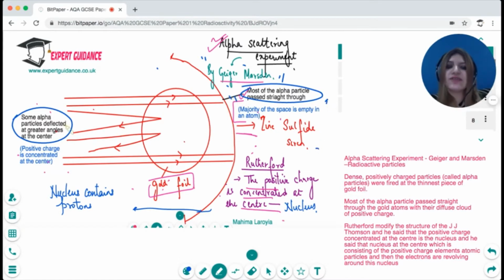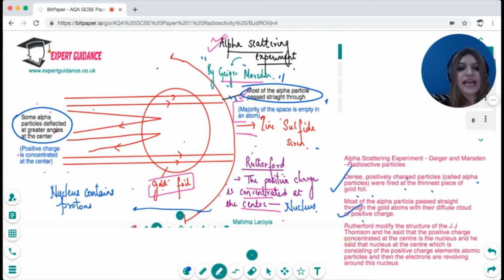And since there was a large deflection just at the center, at the center we have the nucleus. So the nucleus is concentrated at the center. The dense positively charged alpha particles were fired at the thinnest piece of gold foil. Most of the alpha particles passed straight through the gold atoms, and with their diffuse cloud of positive charge, Rutherford modified the structure of J.J. Thomson.